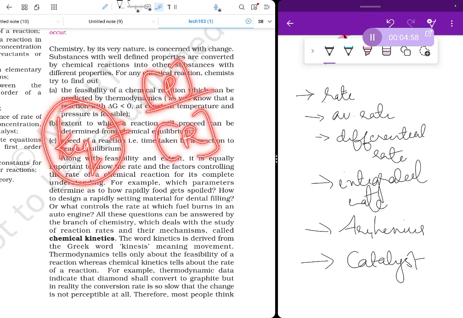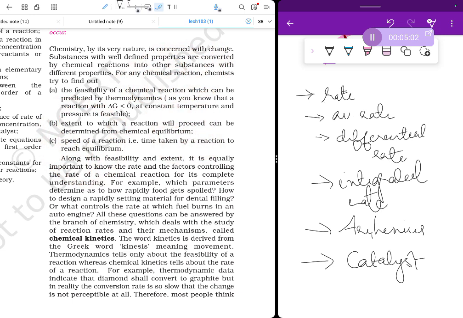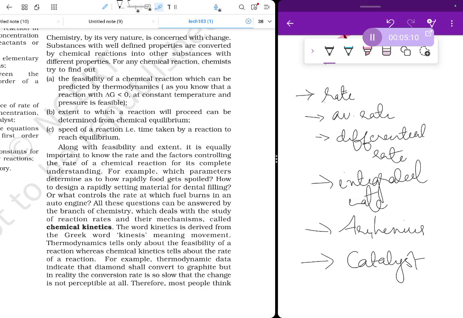So if it is very large, product concentration is more, which means the reaction is almost ready to complete. The speed of a reaction is the time taken by a reaction to reach equilibrium, and that is all about chemical kinetics. These are the things chemists observe.